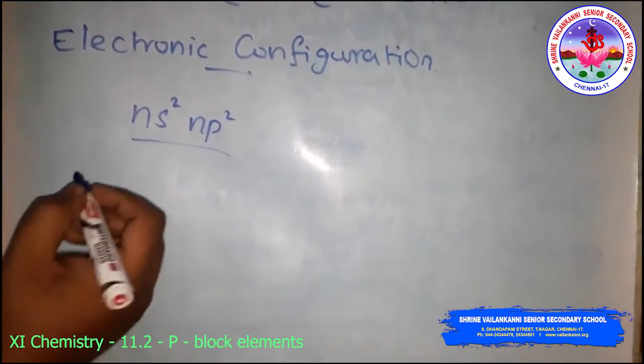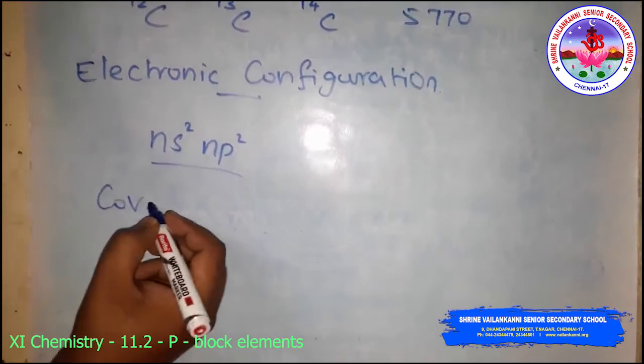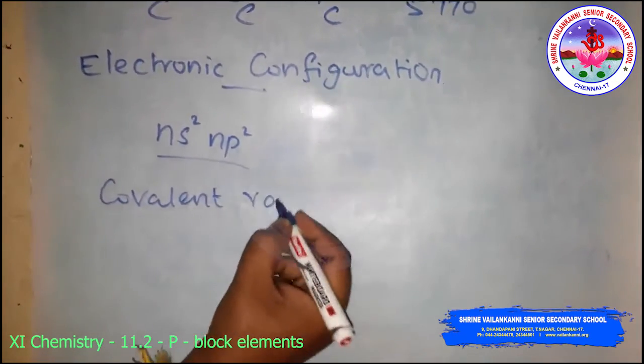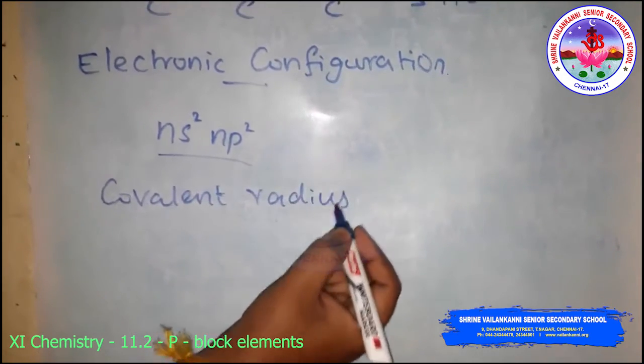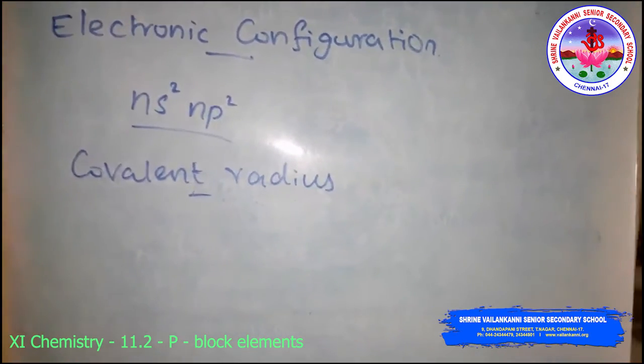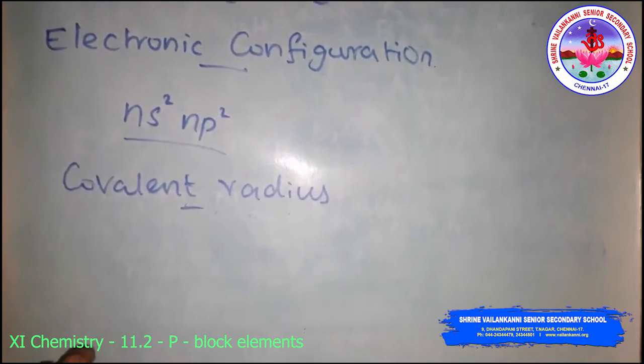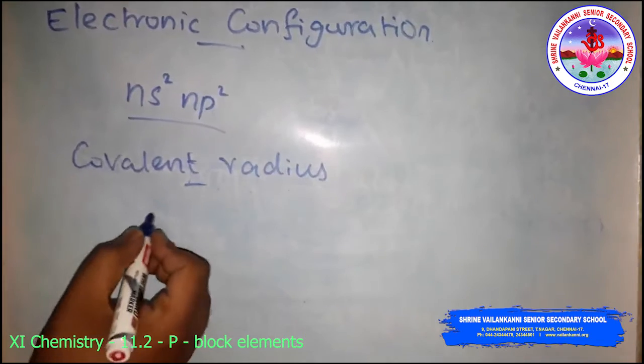Then the covalent radius. The covalent radius usually increases from carbon to silicon.